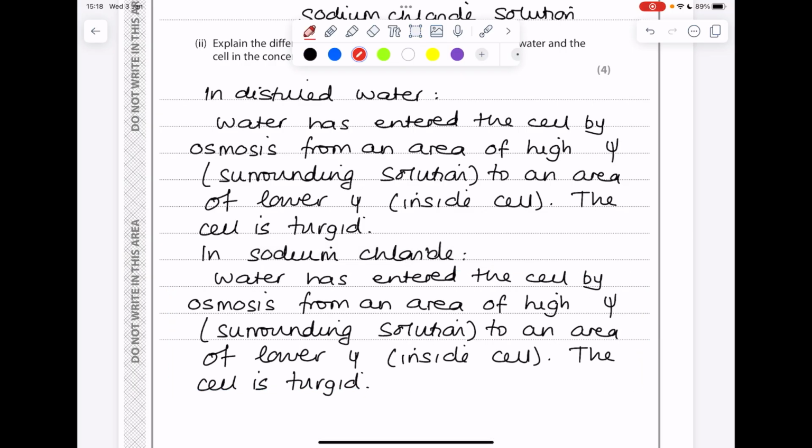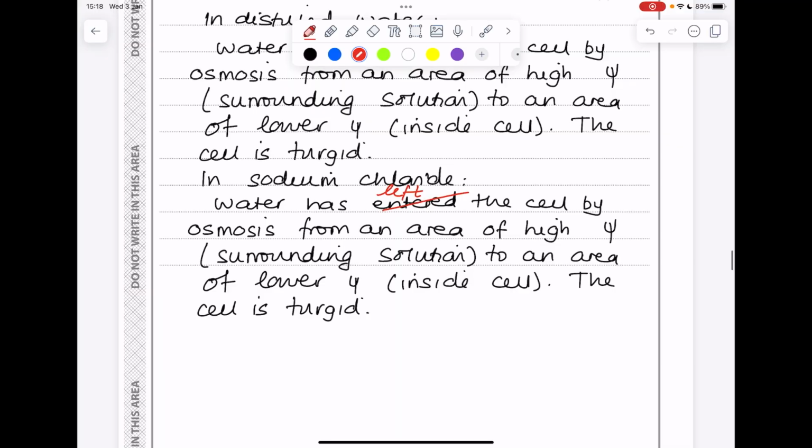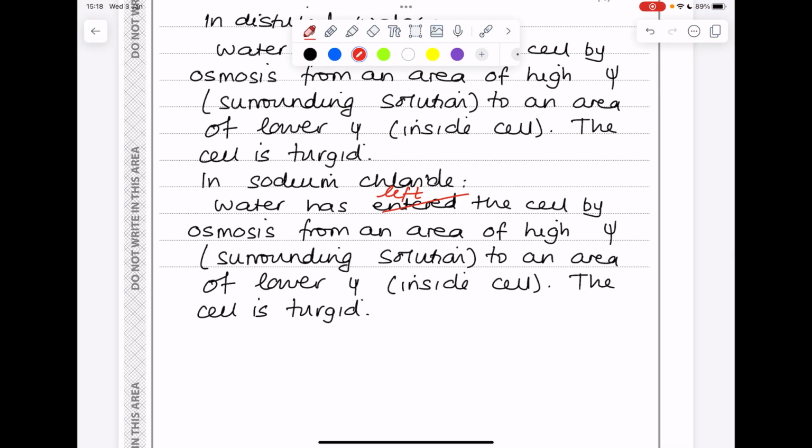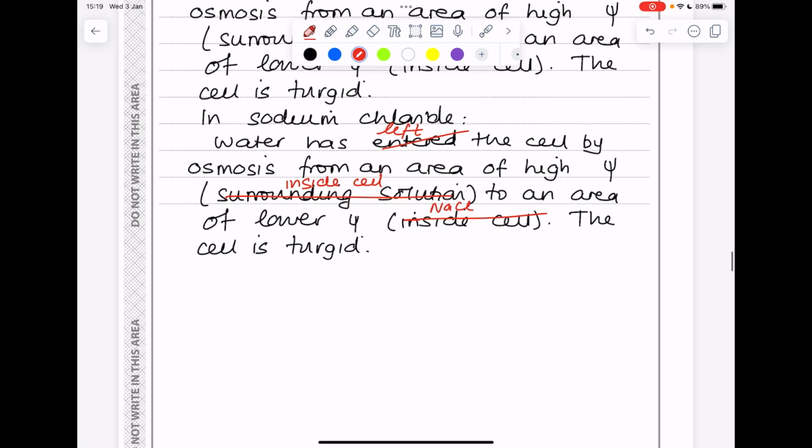So in sodium chloride, water has left the cell by osmosis from an area of high water potential, which remember will be inside the cell, to an area of lower water potential, which will be that sodium chloride solution. I've written the chemical symbol there for sodium chloride. The cell is flaccid or plasmolysed.